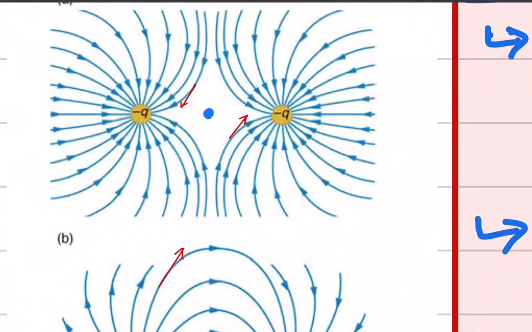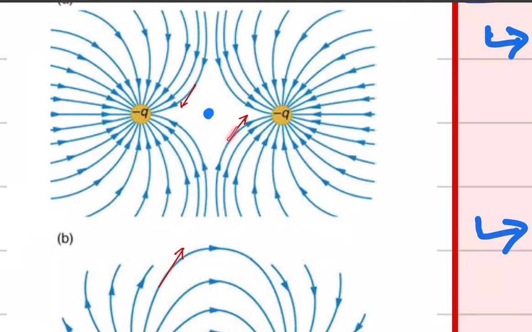So what does this direction give you? This direction gives you the electric field. If we put a positive charge here, and if you draw a tangent at this point, then that will give you the direction of the total electric field due to this charge and this charge. For example, here at this point, this arrow tells you the direction of the total electric field at this point.